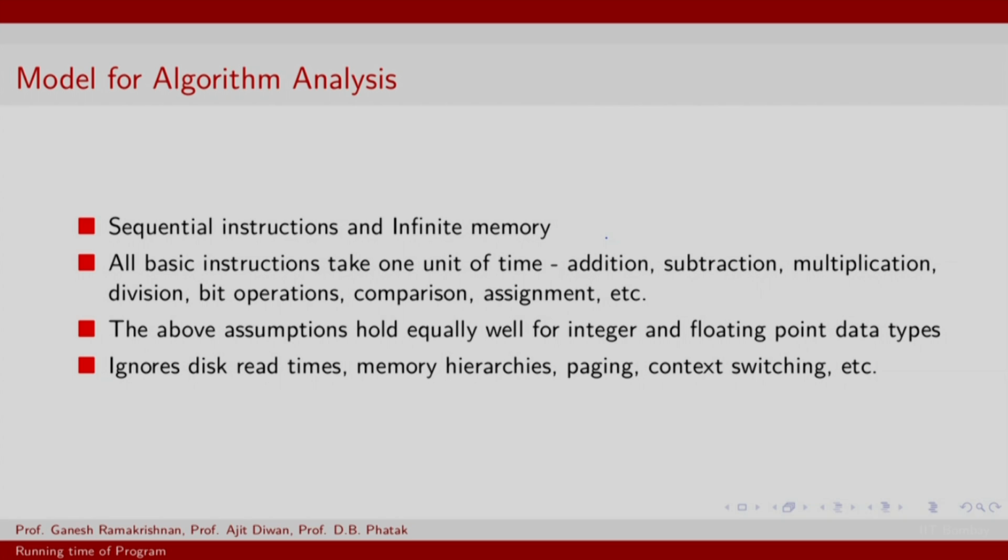All basic instructions take 1 unit of time. This may not be the case in practice, but we will assume that addition, subtraction, multiplication, division, bit operations, comparison, assignment, etc. all take same time. We know from practice that multiplication and division could be a lot more expensive than addition and subtraction.